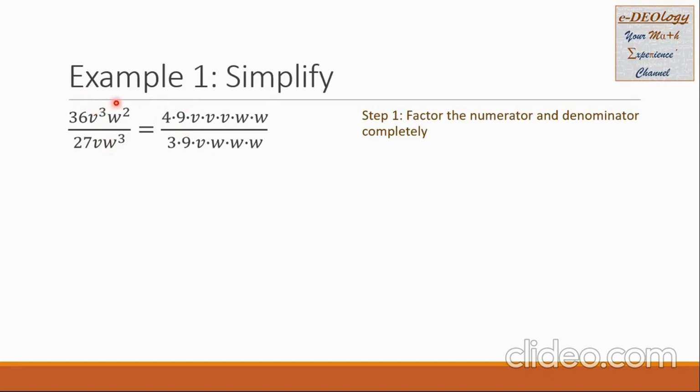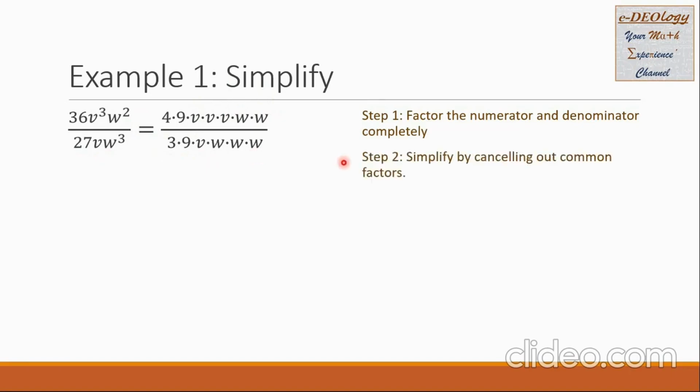The v cubed, we wrote here the v 3 times. For the w square, we wrote the W here 2 times. Let's go to the denominator. The 27 is now factored out into 3 by 9. And the V variable is copied. And the W cube is now written here 3 times.